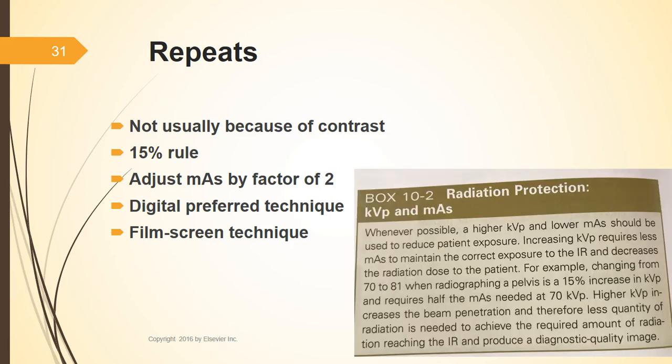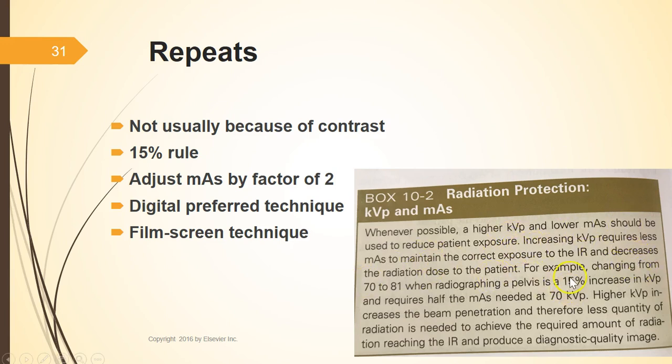This is straight out of your book, and I apologize, it's hard to take a picture of something in a book and it's kind of warped on the side. But this is a box that's in Chapter 10 that you need to know about with kVp and mass, because everything that we learn does specifically go to your radiation protection later on. Whenever possible, a higher kV, lower mass should be used.